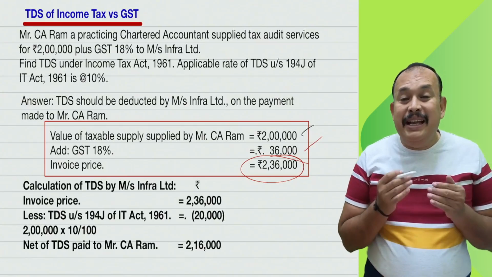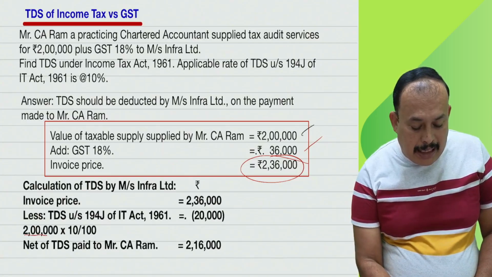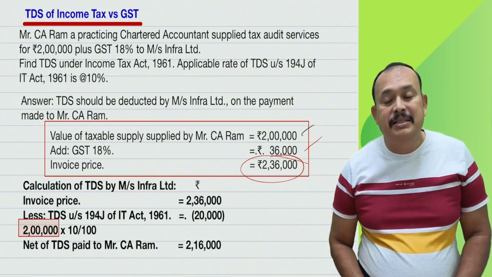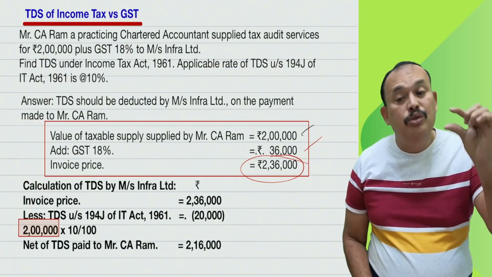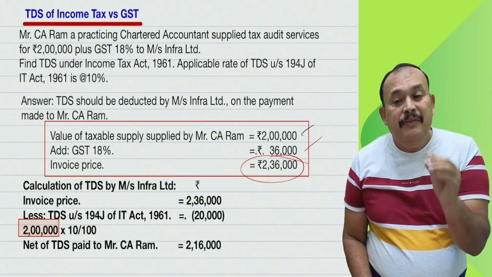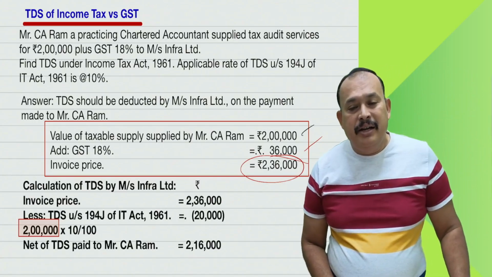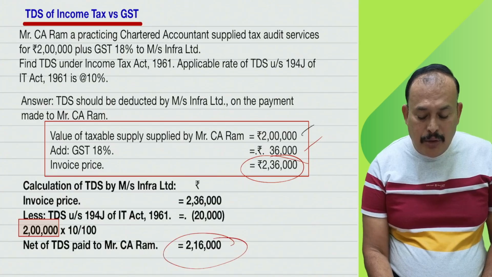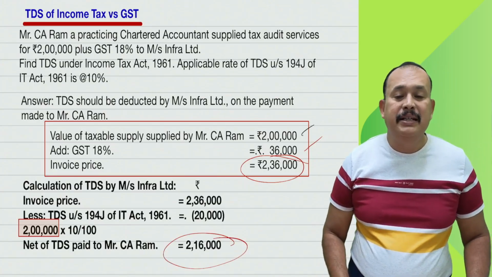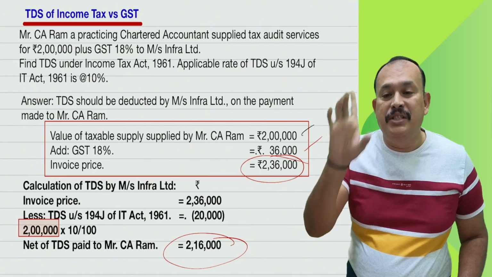When TDS is deducted by Infra Limited, it should be deducted only on rupees 2 lakhs, not on 2,36,000, because TDS under the Income Tax Act should not be deducted inclusive of GST if the GST is shown separately in the invoice, as already clarified by CBDT. Therefore, the net payment to CA Ram is 2,16,000 after deducting the TDS of rupees 20,000, which is calculated on the value of supply exclusive of GST.